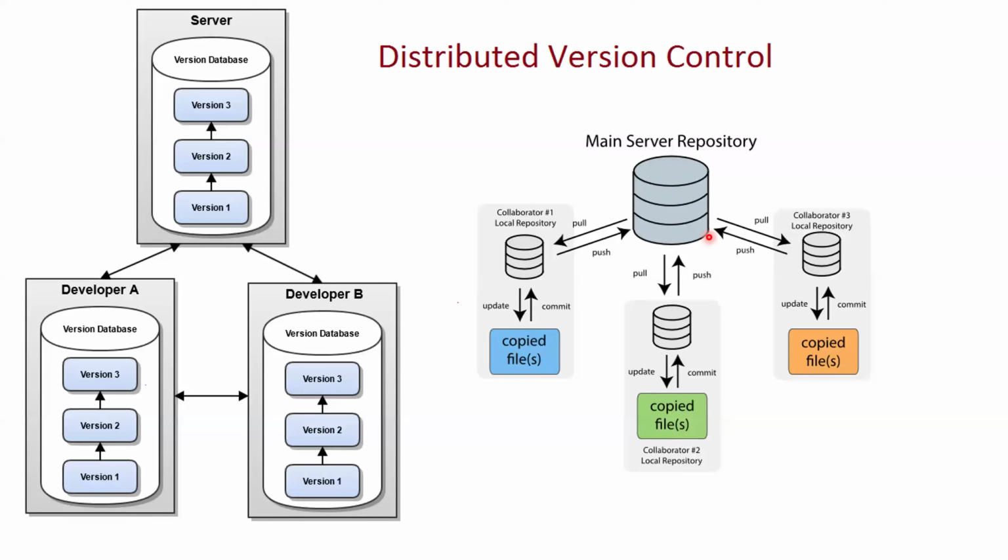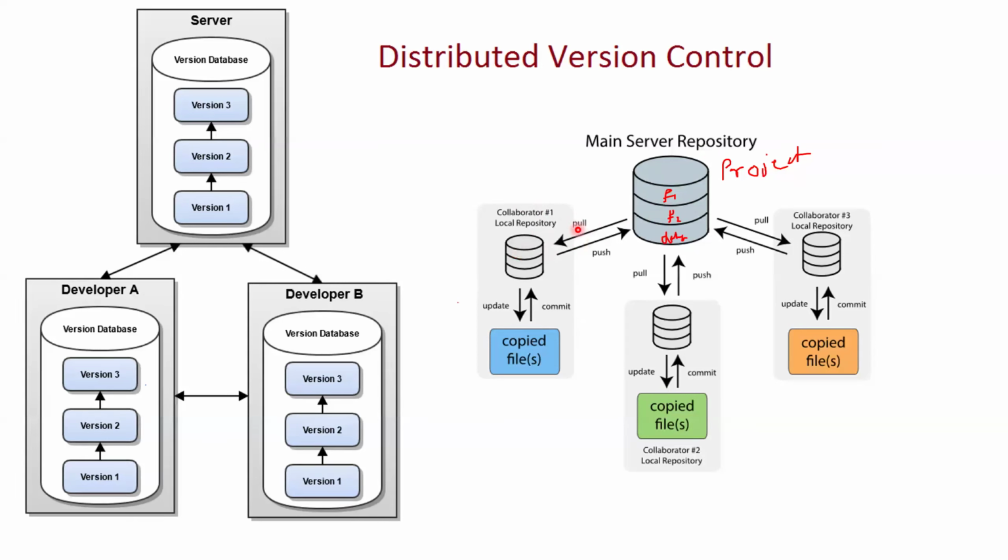Now, what we are doing in the distributed one, whenever a user takes the file for making some changes, listen to this line very carefully. Suppose this is my collaborator one, who is collaborating in this project. Whenever he is collaborating on this main server file, he pulls the repo.